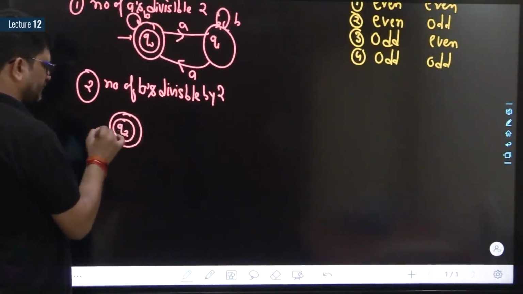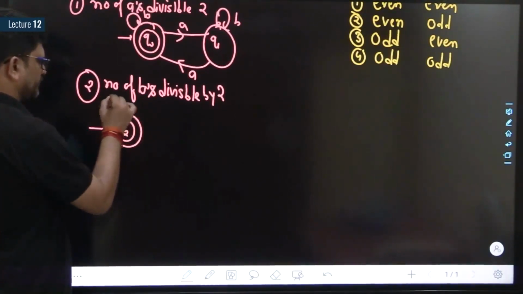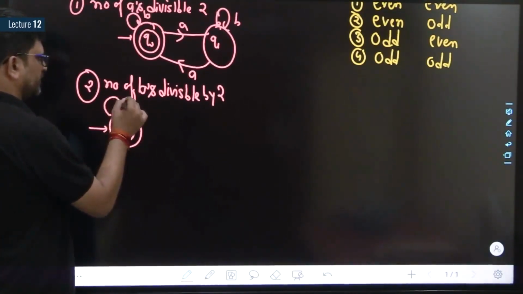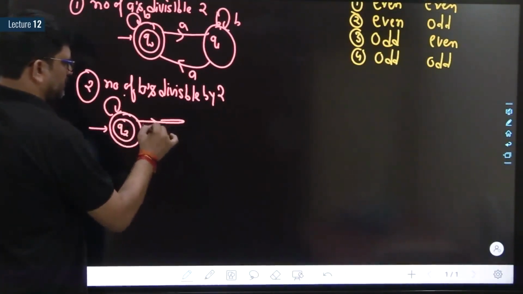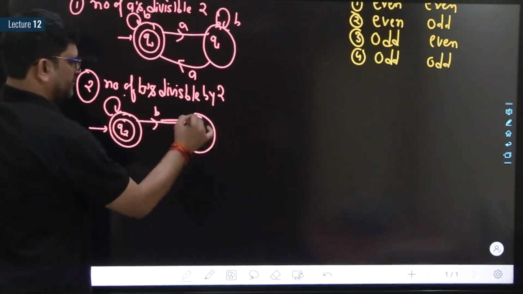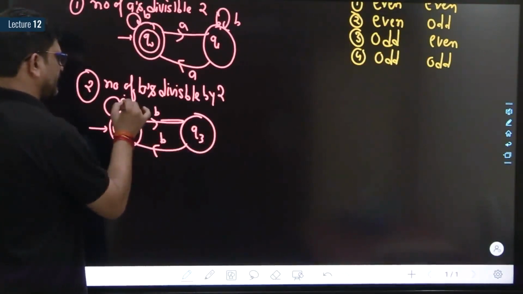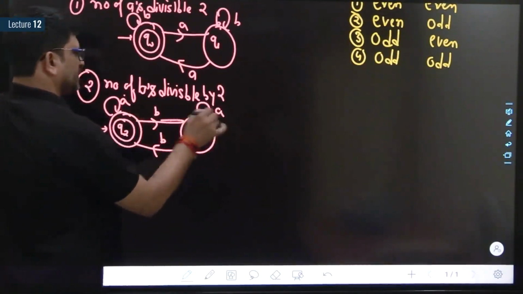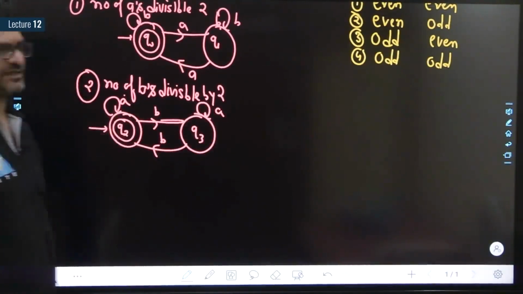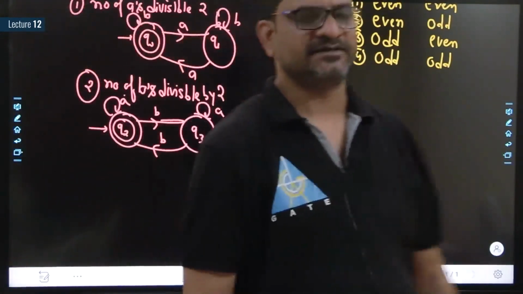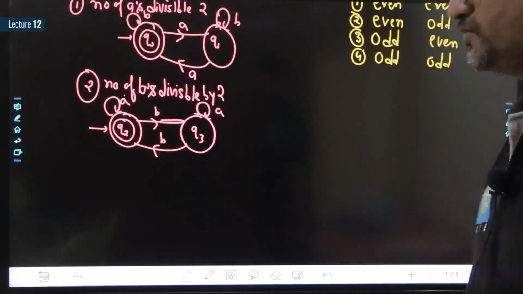This is Q2, on B goes to Q3, and Q3 on B goes back to Q2. Any number of A's stays in the same state. This is for number of B's divisible by 2.